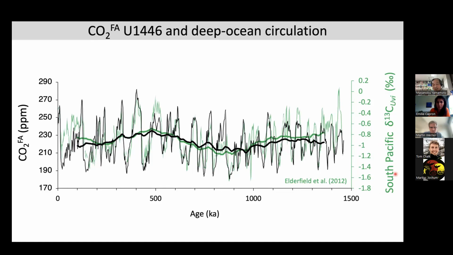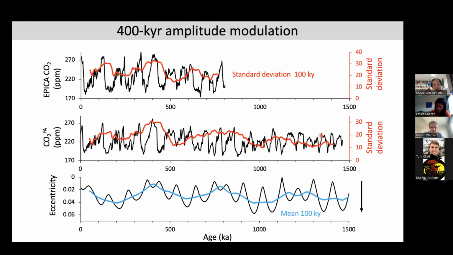So this means this carbon isotopic composition is reflecting the ocean carbon storage. So this good agreement suggests that the CO2 was tightly coupled with the ocean carbon storage in the Southern Ocean.